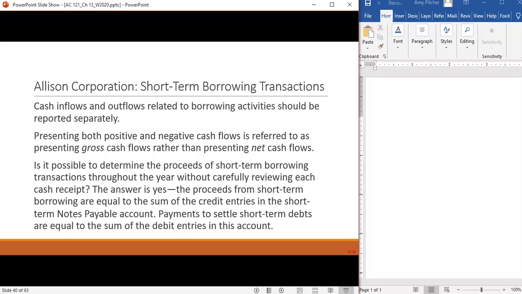We have some information about short-term borrowing and other notes payable. But we want to make sure we include those short-term notes payable in the financing section and not in the operating activities section.